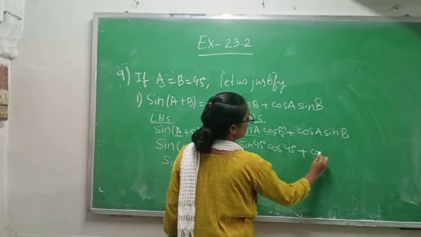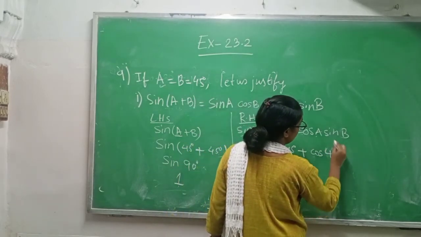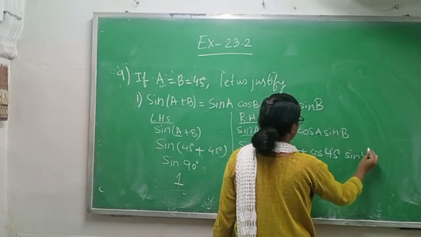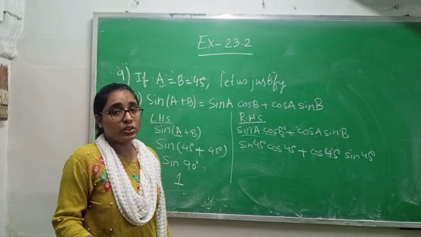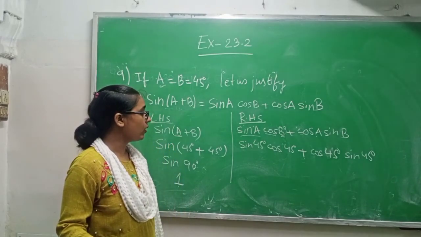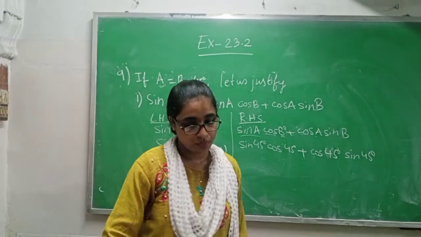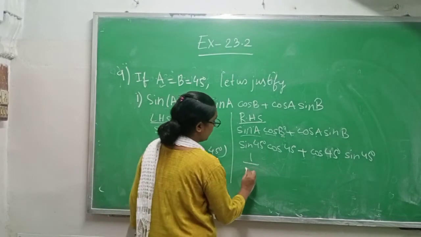Now again cos, A value is 45 degree, sin B, sin 45 degree. Now what is the value of sin 45 degree? Sin 45 degree is 1 by root 2. So you will write 1 by root 2.